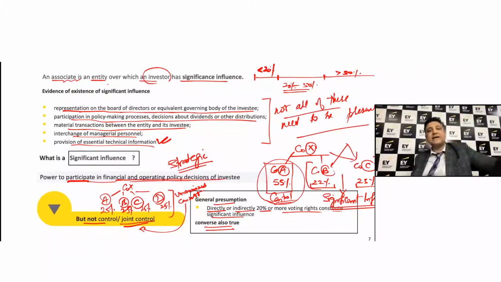The way we did the validation for the word control under the consolidated financial statements is the similar treatment that we do. So there's no rule which says if it is more than 20% and up to 50%, it has to be significant influence. In your examination, however, you can safely assume that this is correct, unless the examiner wants you to test that understanding. All right.